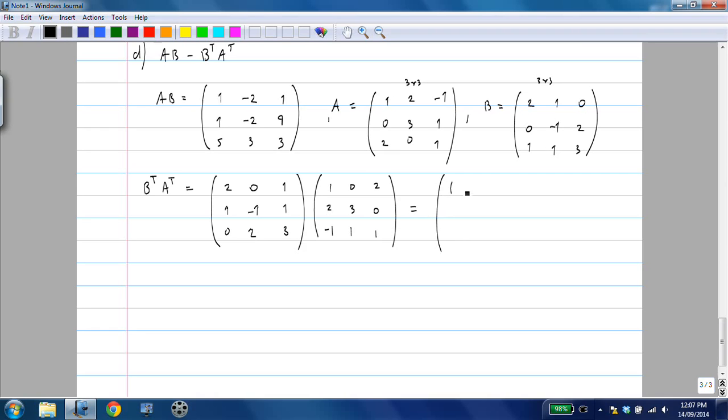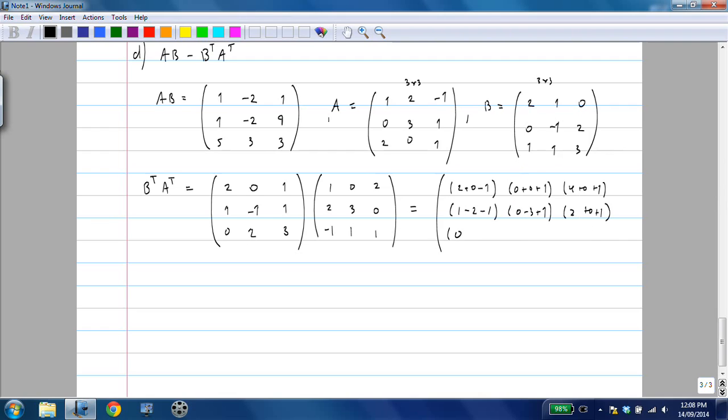So we'll have 2 plus 0 minus 1. We have 0, 0, 1. We'll get 4 plus 0 plus 1. We get 1 minus 2 minus 1. We get 0 minus 3 plus 1. Then we get 2 plus 0 plus 1.